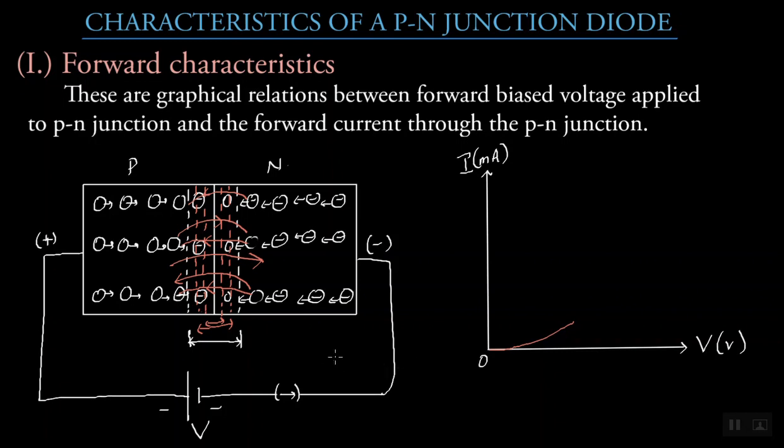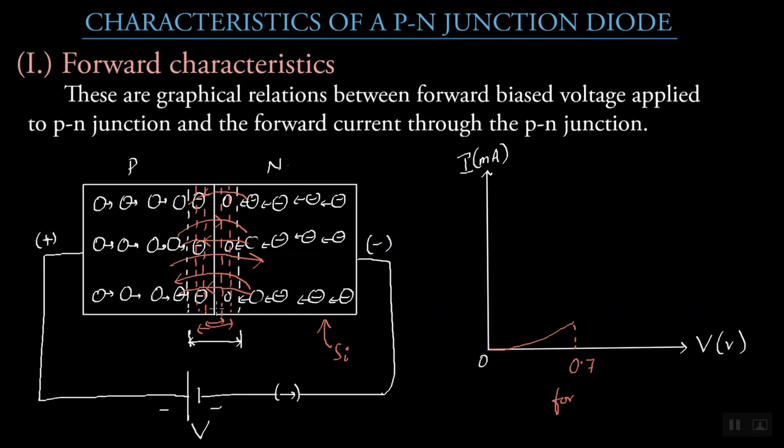Okay? Until at a certain potential of, let's say, 0.7 volt. This is if this is silicon. At 0.7 volt, what happens here is that the depletion layer ultimately collapses.